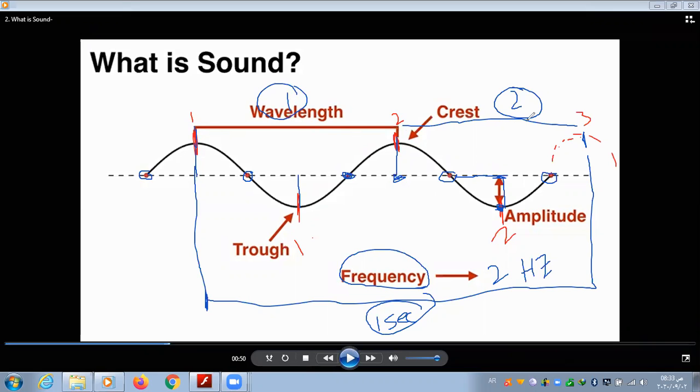And from 2 to 3? 1. So the total here is 2 wavelengths, so the frequency is 2. Hertz means vibrations, 2 vibrations. So frequency is the number of waves in 1 second, and we count the number of waves in 1 second.